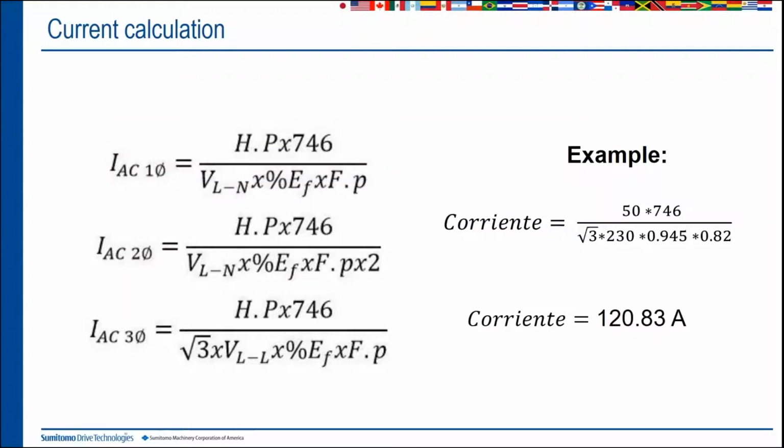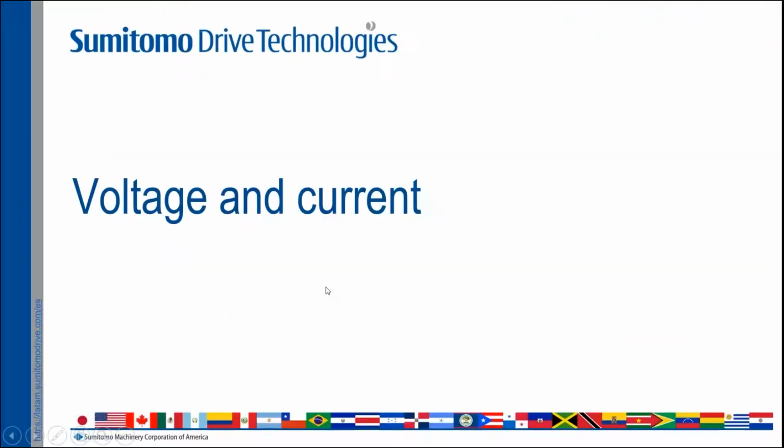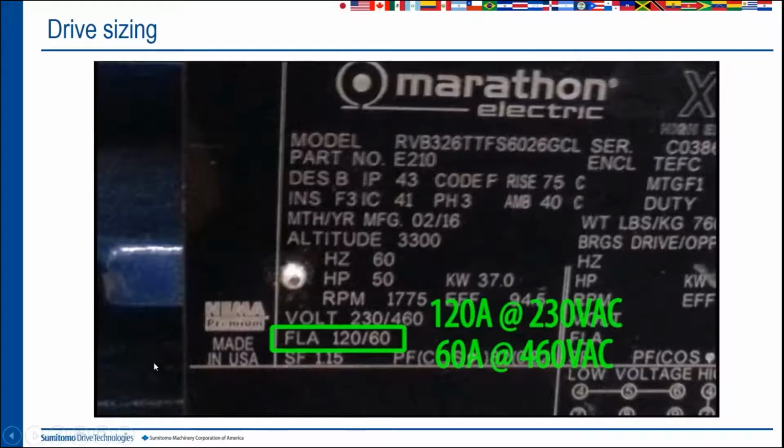Of course, in this formula you will need the efficiency of the motor and the power factor. Here, I'm going to point at the slide: power factor and efficiency. These will also be on the motor's plate.